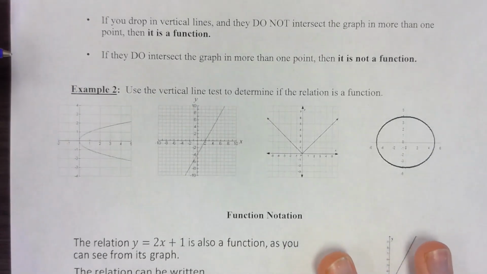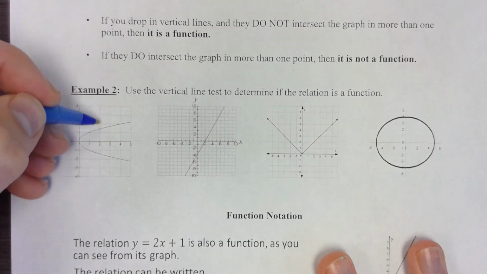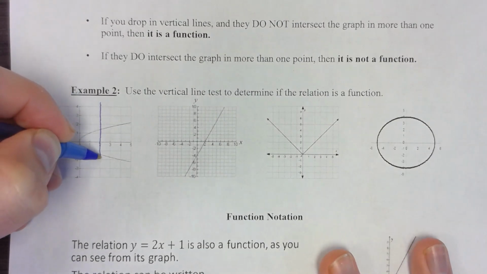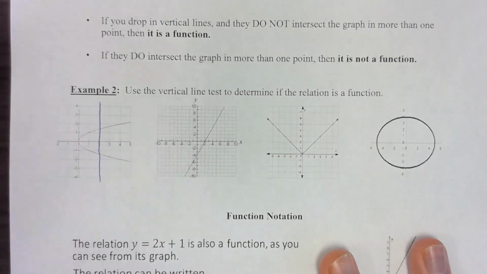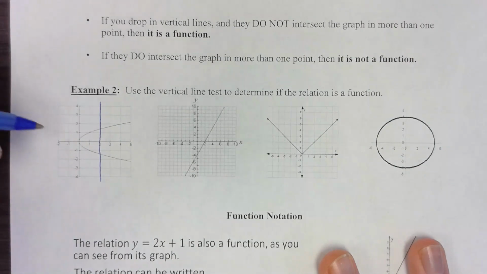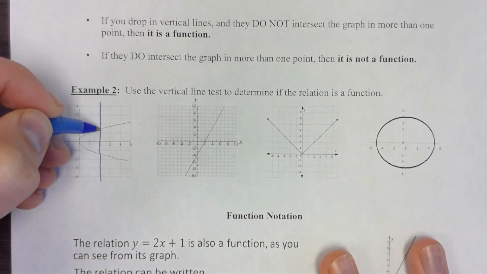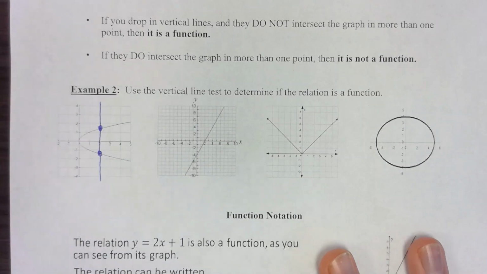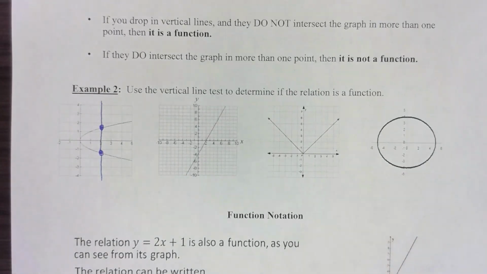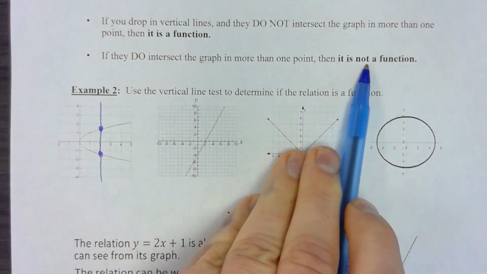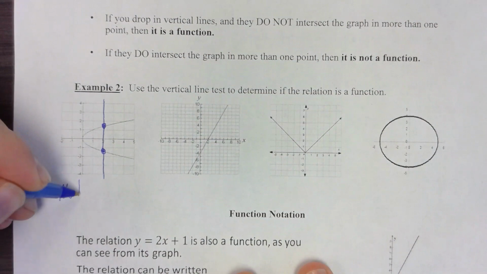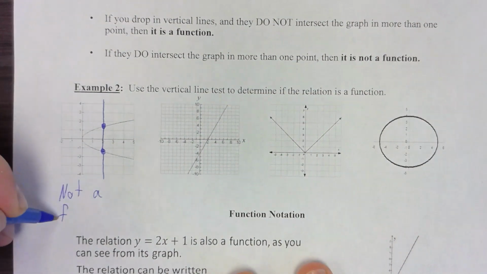You might want to do multiple vertical lines to test, but if I drop a vertical line, it should not touch the graph more than once. And it looks like this touched two times. If it touches more than once, it is not a function. So we are going to write not a function.